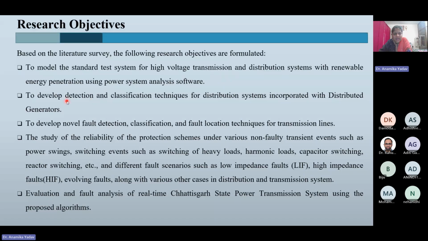Detection and classification techniques using artificial intelligence schemes will be developed for distribution and transmission systems, and the reliability of the proposed schemes will be checked under various non-faulty and faulty events, and finally real-time analysis for the Chhattisgarh state power transmission system will be done.